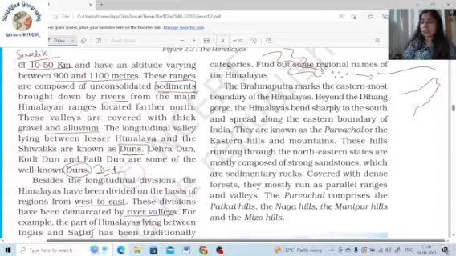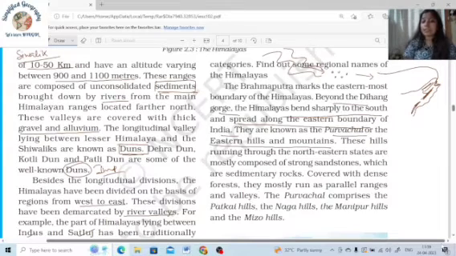After that it enters India through this gorge. Beyond the Dihang Gorge, the Himalaya bends sharply to the south and spreads along the eastern boundary. So this part of the Himalaya is known as the Purvanchal Hills or Eastern Himalayas, the Eastern Hills Mountains.